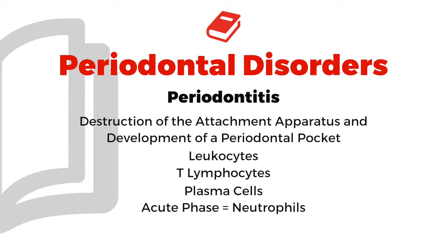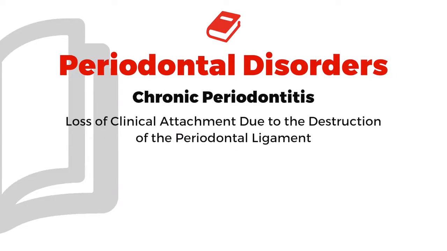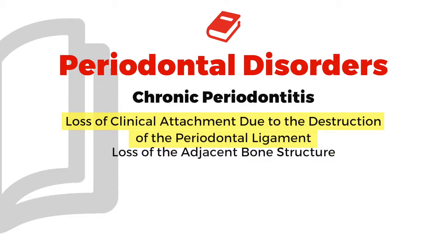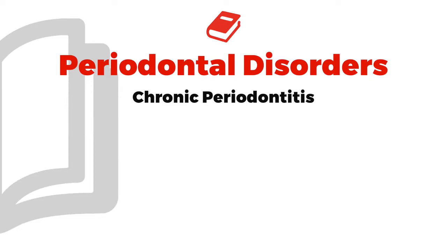So basically characterized by a loss of clinical attachment due to destruction of the periodontal ligament. I would highlight that, okay? Destruction of the periodontal ligament. And then, of course, you get loss of the adjacent bone structure to this. There are some diseases that you do want to think about when somebody has chronic periodontitis. Make sure that you're thinking about diabetes.